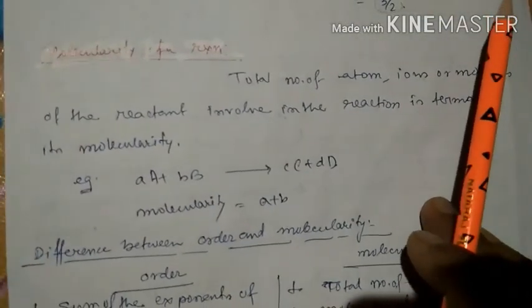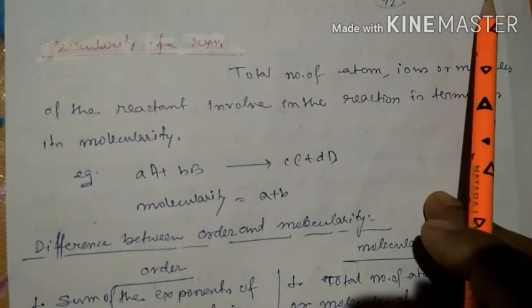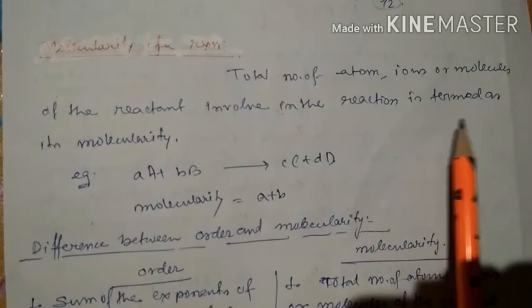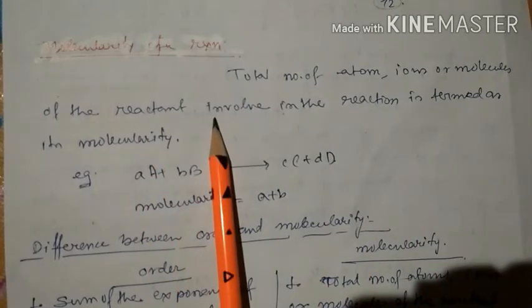Now the next topic is a very important topic: the molecularity of a reaction. What is molecularity? Molecularity means the number of atoms, ions or molecules in the reactants involved in the reaction.